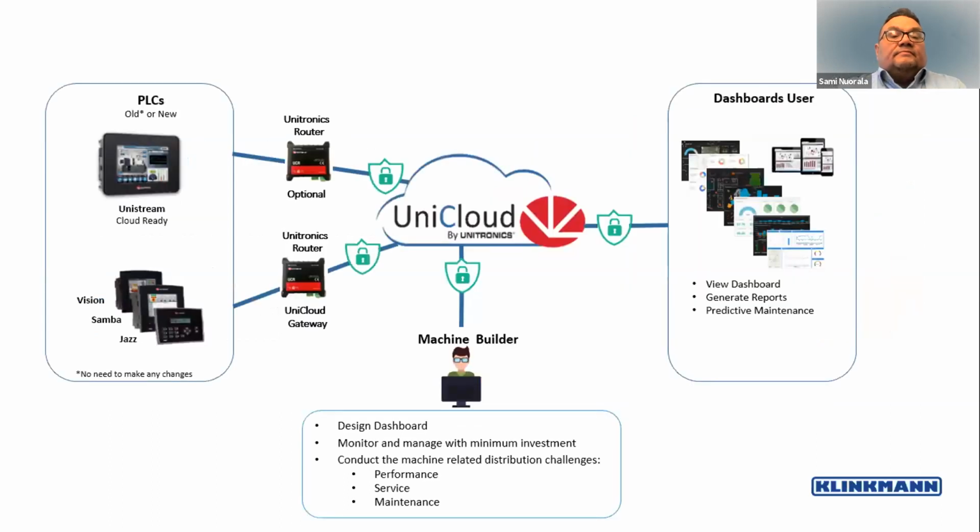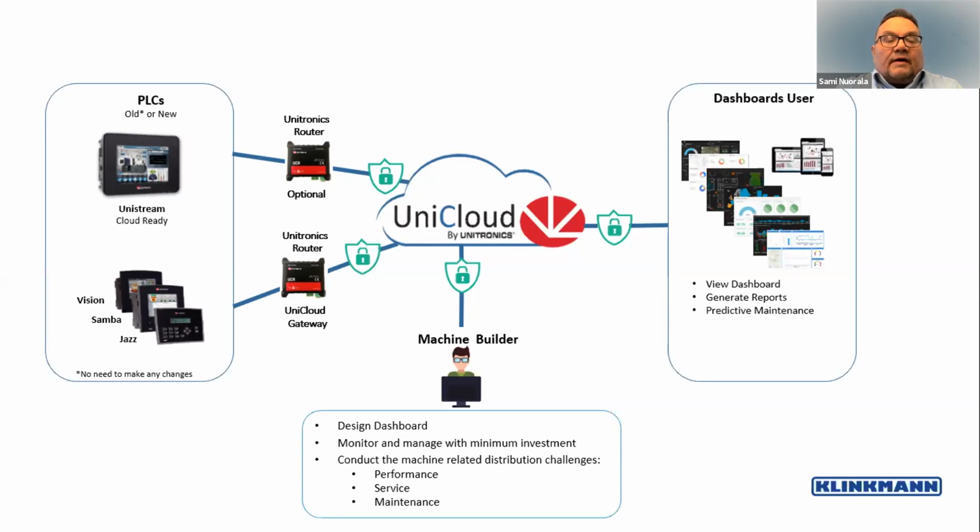Basically, with the UniStream, you can have the Unitronics router in front of that, but it's not necessary. You can have any access to internet, and it will publish the data to the UniCloud. And if you have the old school Vision, Samba, or Jazz, then you need to have a Unitronics router with the UniCloud gateway set up on board.